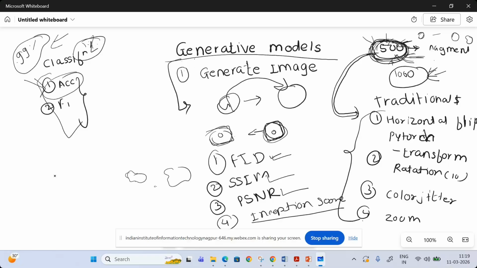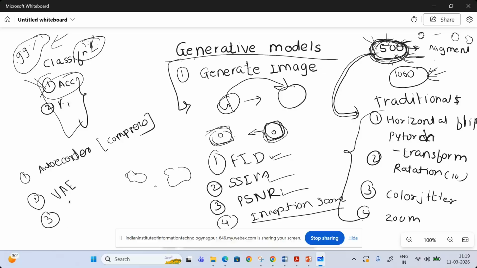So now the question is, what are the different generative models? As you have already seen, there is one model, the autoencoder. It can be used to generate data, but its main purpose is to compress the data or denoise the image. There were problems with the autoencoder, which is why people came up with the variational autoencoder.